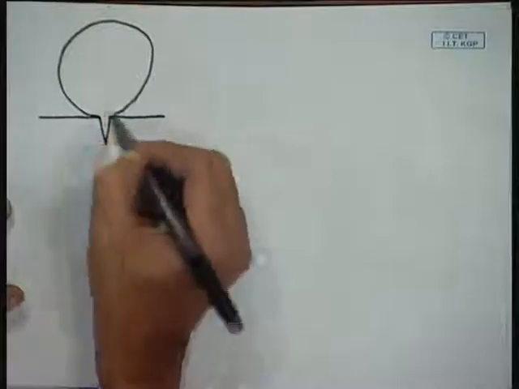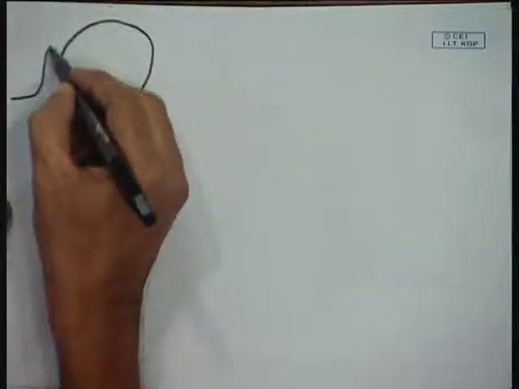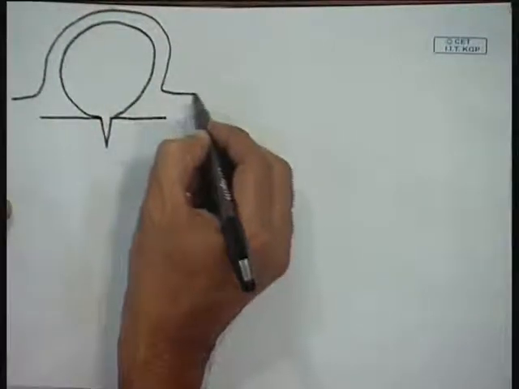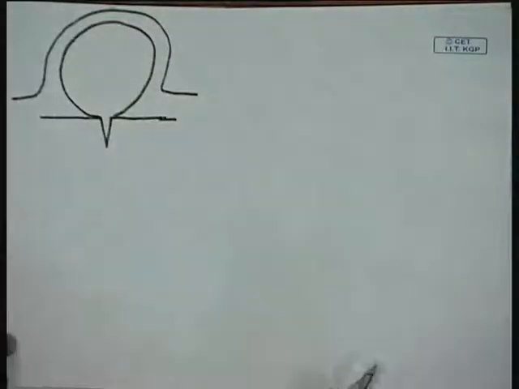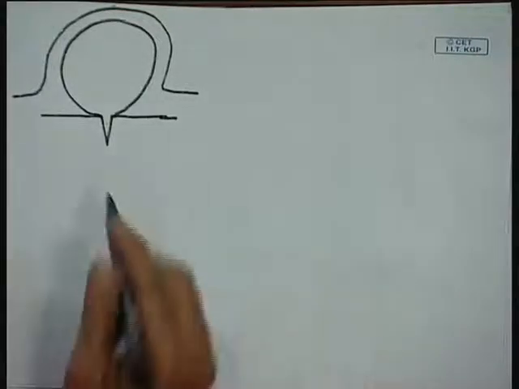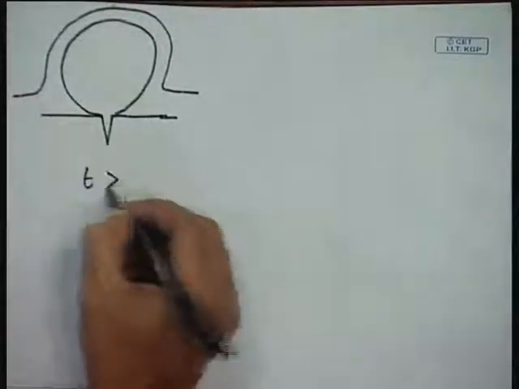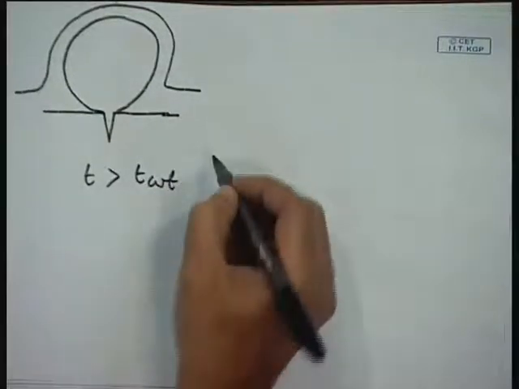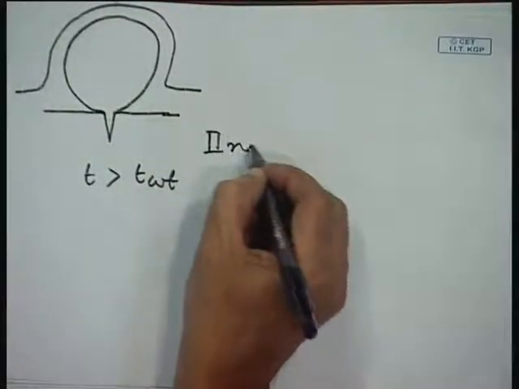we will have something like this. So, here already what has happened, that this is also T greater than T waiting period, but second phase.